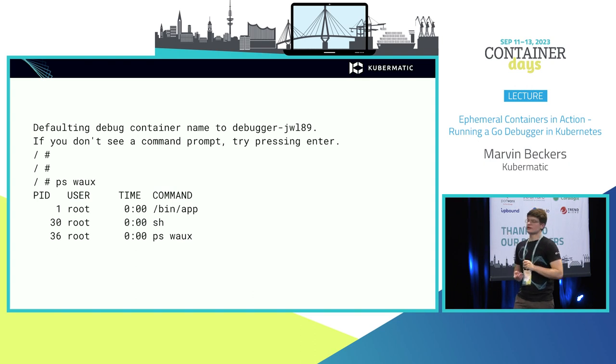And that's weird, because that's not in my ephemeral container. That's because I broke container isolation, I shared namespaces, and that means I can see what is going on in the main container. And that means I can actually run my debugging against it, because I suddenly have access to the process.